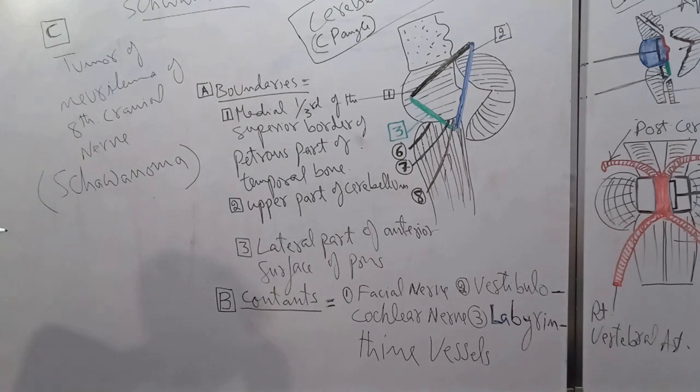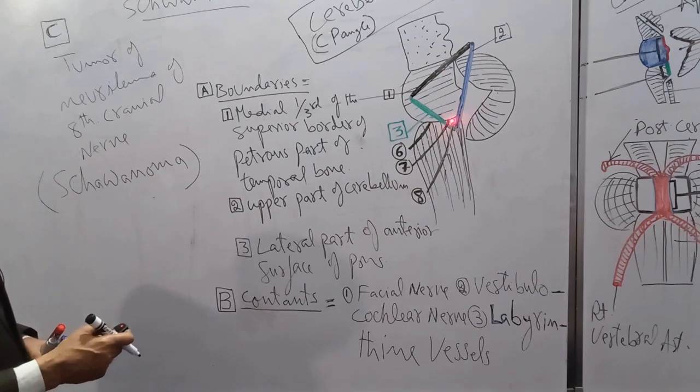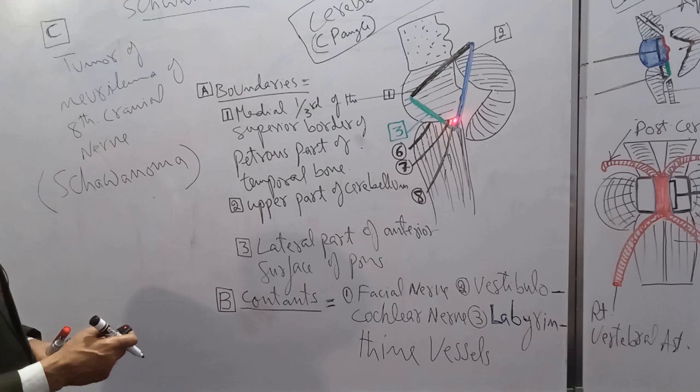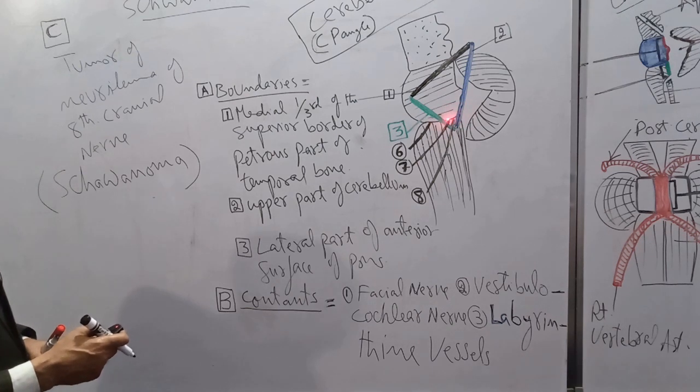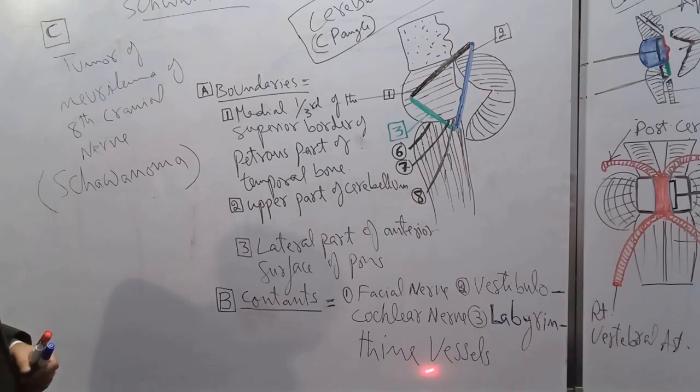So sometimes a tumor arises from the Schwann cells, known as the schwannoma. As you know, the vestibulocochlear nerve is in this angle. So when a tumor arises from the Schwann cells of the vestibulocochlear nerve, it will first involve the vestibulocochlear nerve, then it will compress the facial nerve, and then it will compress the labyrinthine vessels.